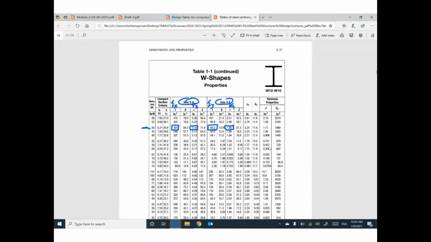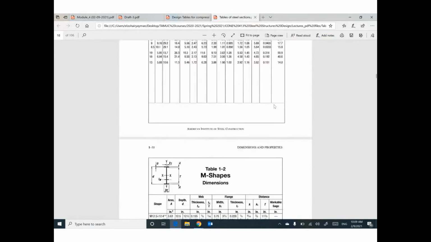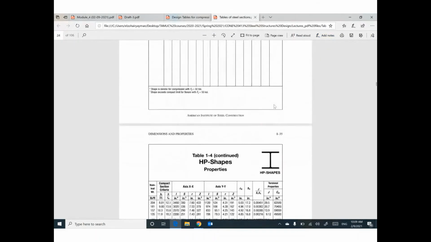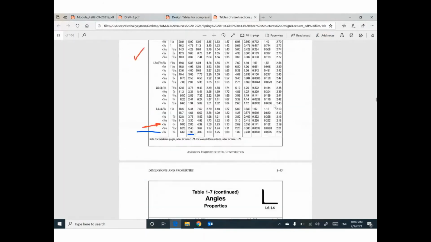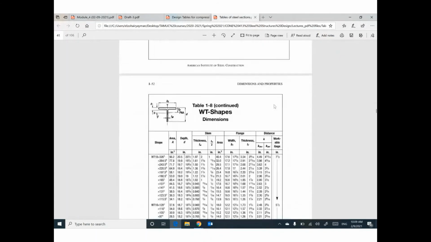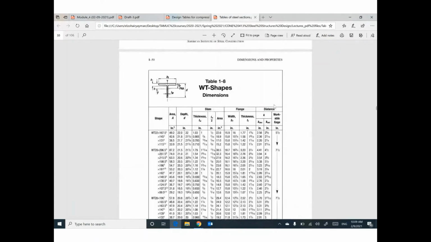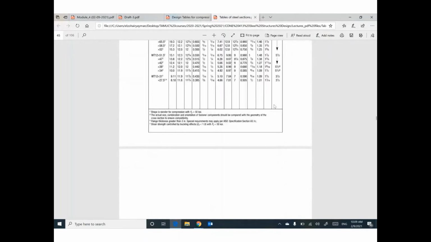Do we have double angle members here? I believe yes, we have. Do you remember that this is one angle? I believe we have double angle. No, if you go down.